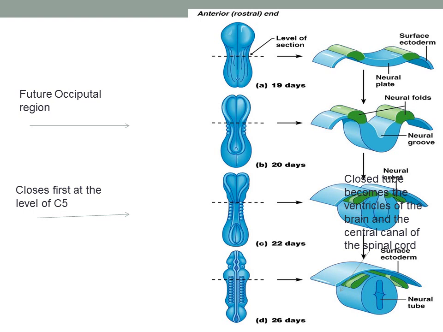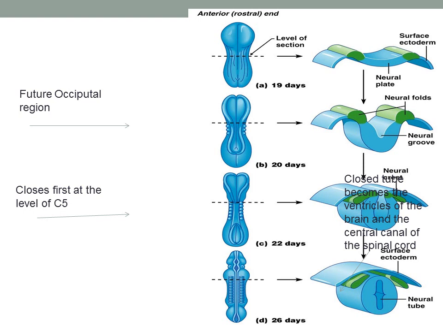Now on either side of the neural groove start to develop bilaterally symmetric accumulations of cells known as the neural folds. And as the neural groove continues to deepen and the neural fold cells continue to develop, eventually the neural tube closes, creating a separate and distinct tube.